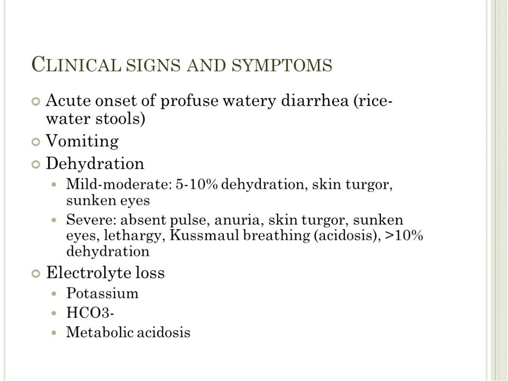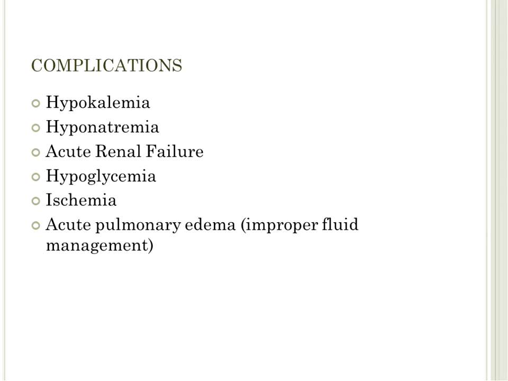So the person breathes extremely rapidly and takes very deep breaths to compensate for the acidosis. Also, you get electrolyte loss, you lose potassium, you lose bicarb, and you have a metabolic acidosis.